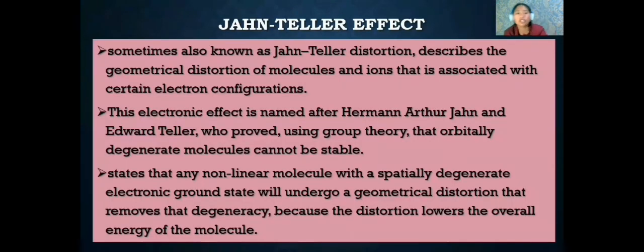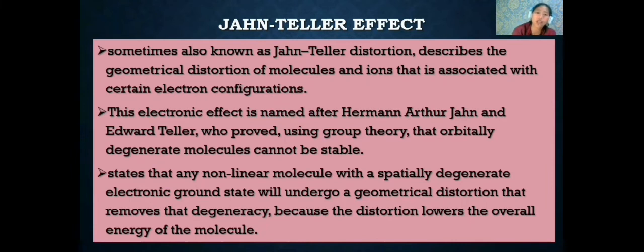All right, so we have here the Jahn-Teller effect. This is sometimes also known as Jahn-Teller distortion. This describes the geometric distortion of molecules and ions that is associated with certain electron configurations. So this is an electronic effect, named after Hermann Arthur Jahn and Edward Teller, who proved using group theory that orbitally degenerate molecules cannot be stable.